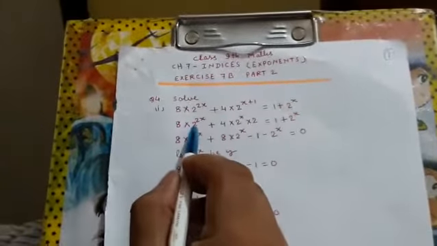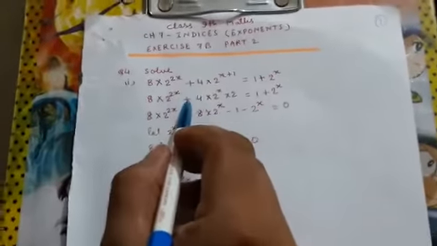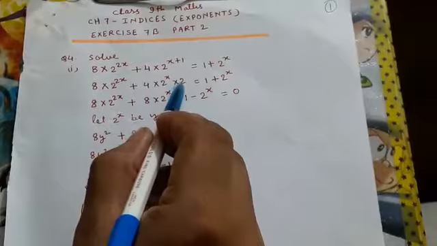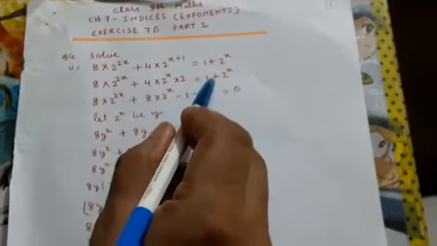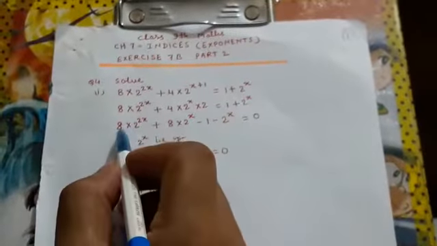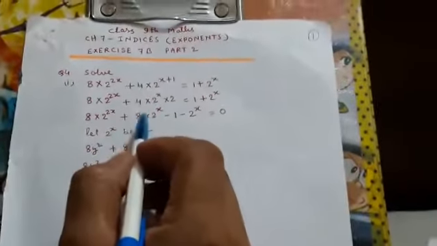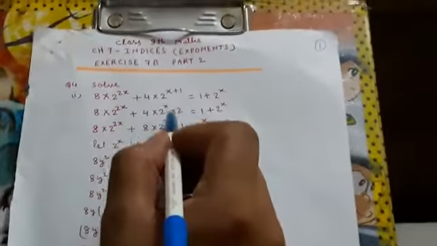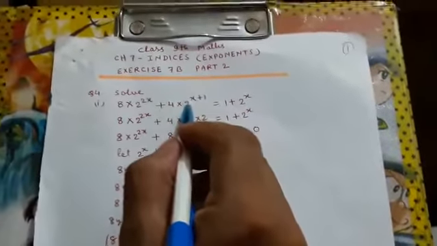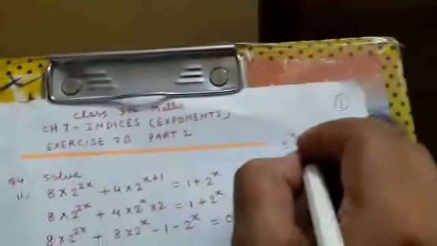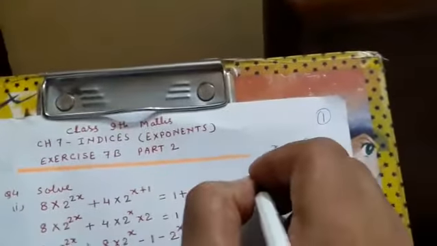8 into 2 power 2x plus 4 into 2 power x into 2 is equal to 1 plus 2 power x. Why have I written here 4 into 2 power x into 2? Because if we write 2 power x into 2 power 2, how will we express them?